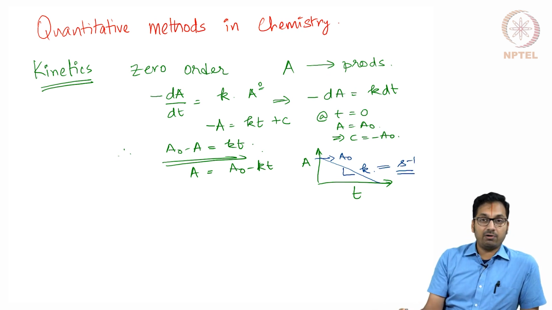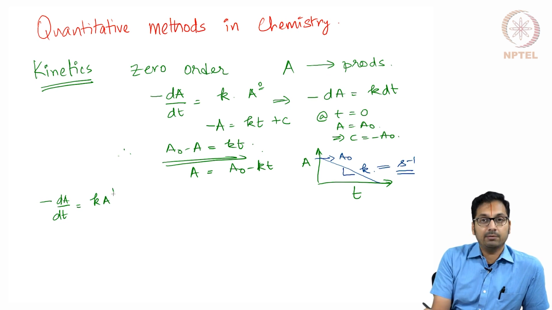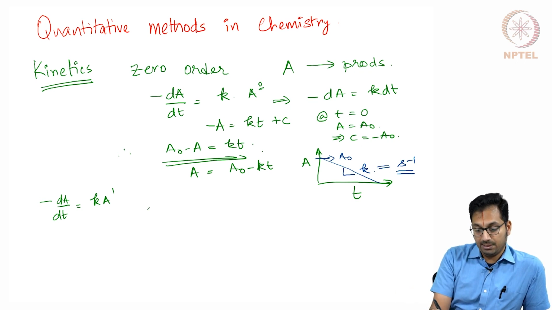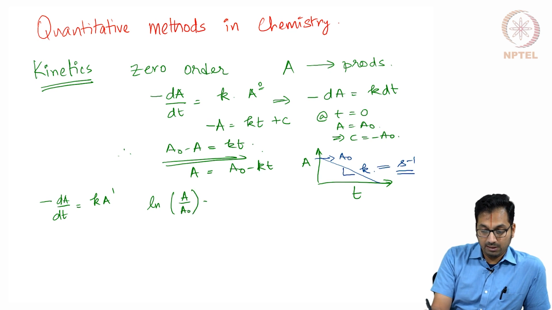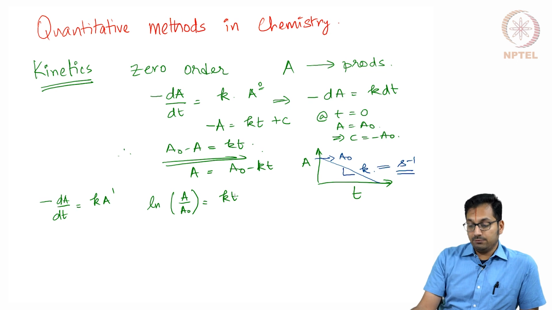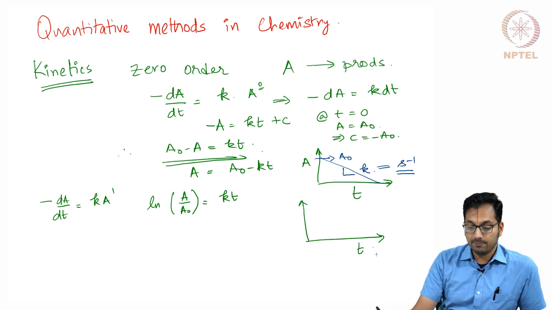Now similarly, for a first order reaction, you are going to have minus dA by dt is equal to kA to the power 1. This when you rearrange and do the integrated rate law similar to what we just did, is going to reduce to ln of A over A naught equal to minus kt. So this can also be observed if you are plotting ln of A as a function of time t.